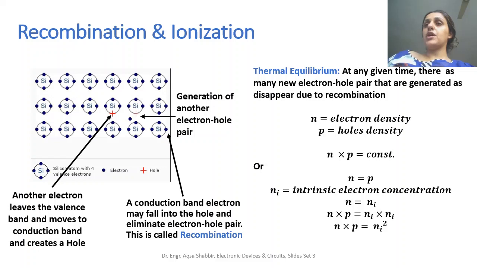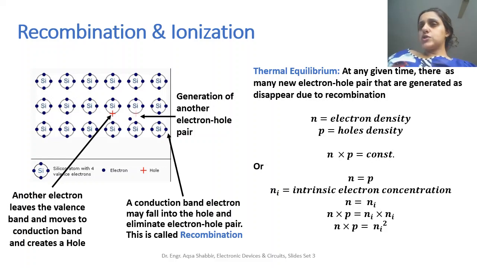Now you see over here that small n denotes electron density, small p denotes hole density. Now the product of n and p is a constant. Or we can also say that in an intrinsic semiconductor, under conditions of thermal equilibrium, n, which is electron density, is equal to the hole density.